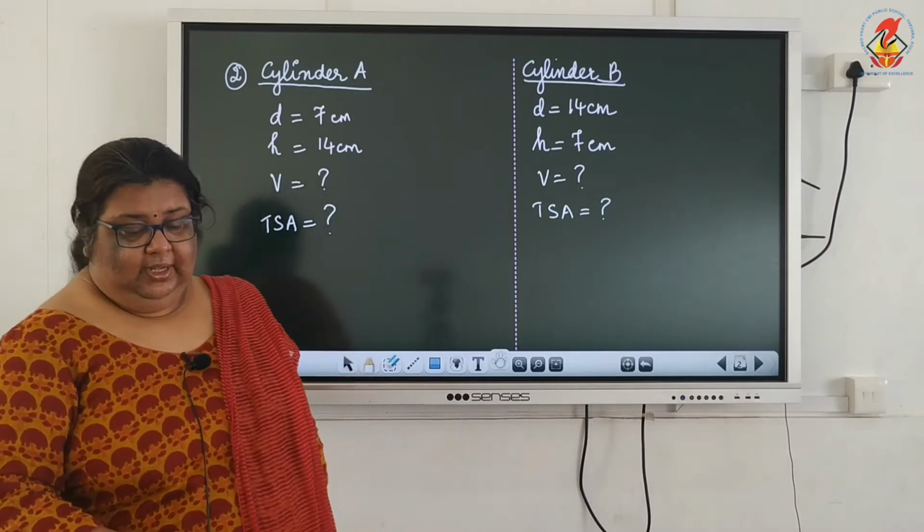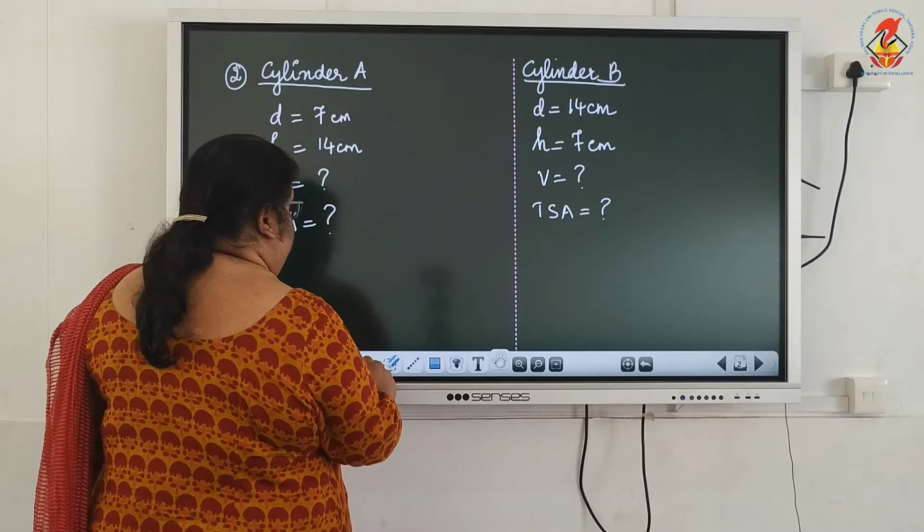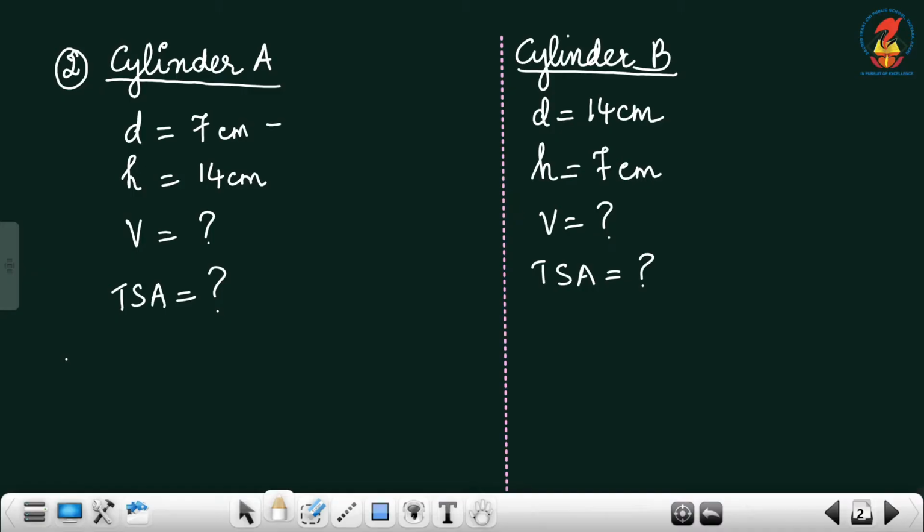Okay. So here cylinder A. Diameter of the cylinder A is given as 7 cm. So what can you write about the radius? Radius is equal to 7 by 2, which is 3.5 cm. Height is given as 14. Volume. What is the volume of the cylinder?